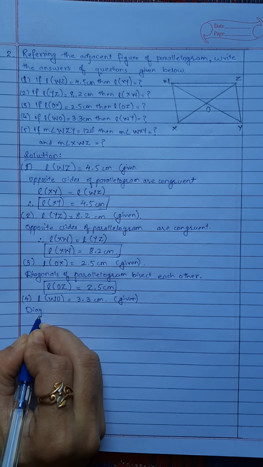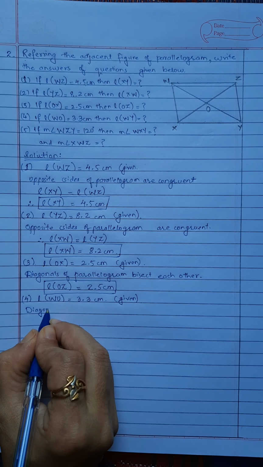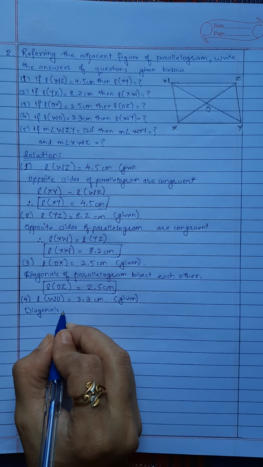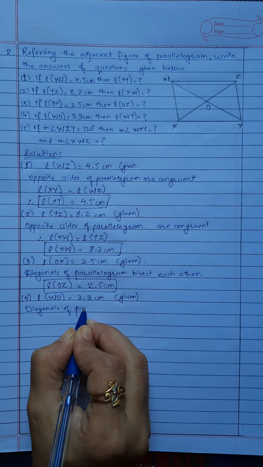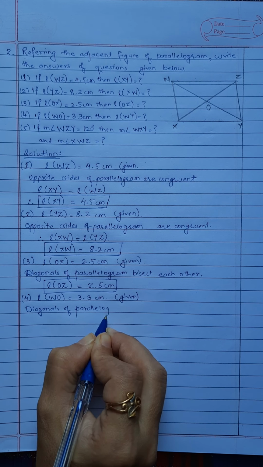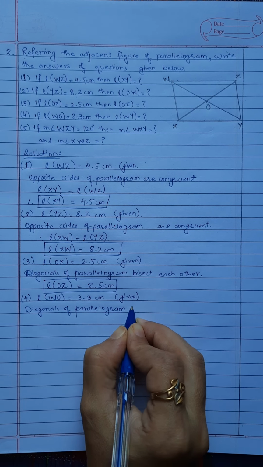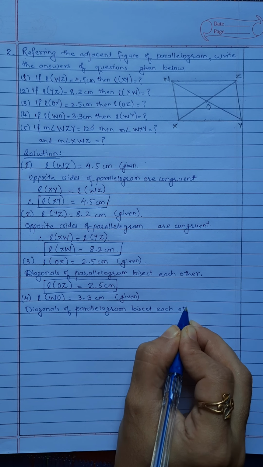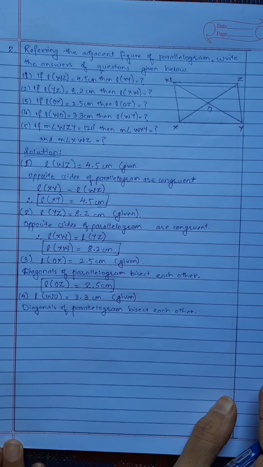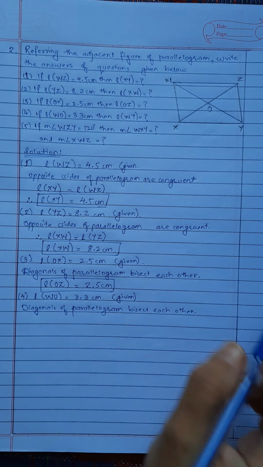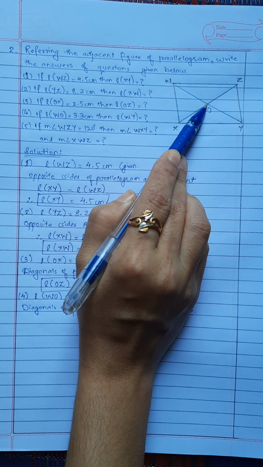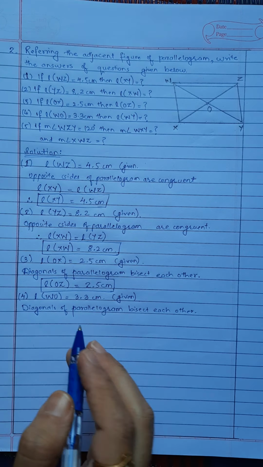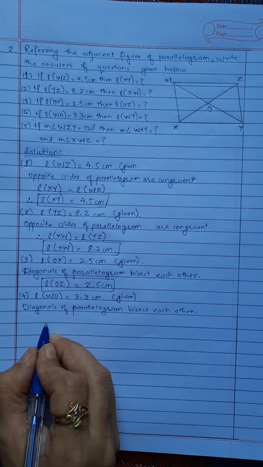Diagonals of a parallelogram bisect each other. So the other way to write this property is, WO will be half of WY, as we have to find WY's length.